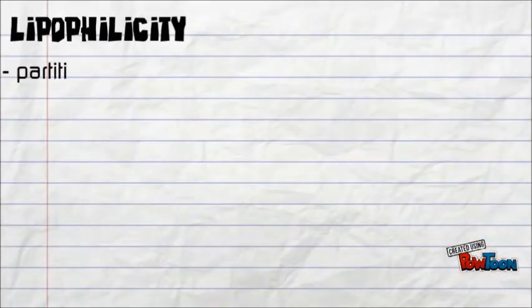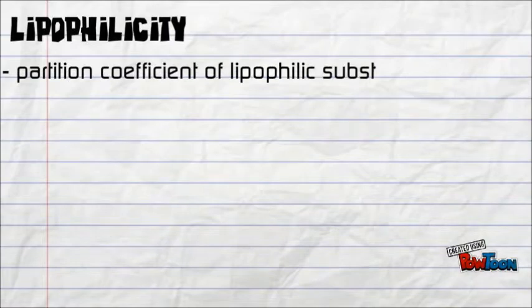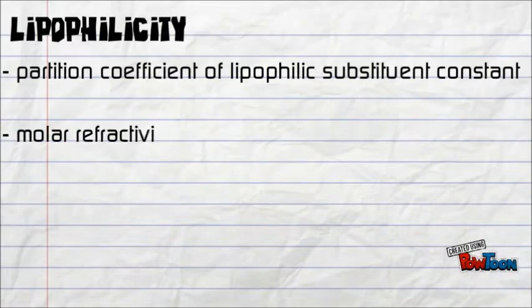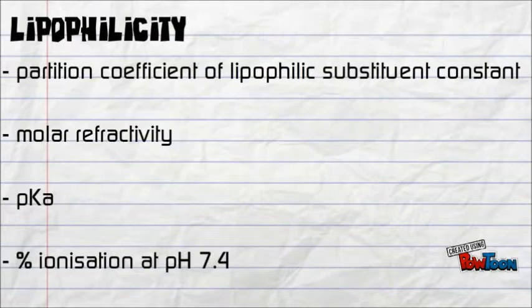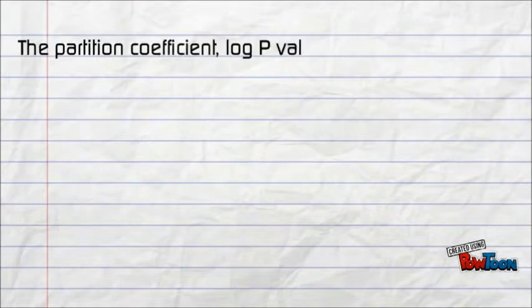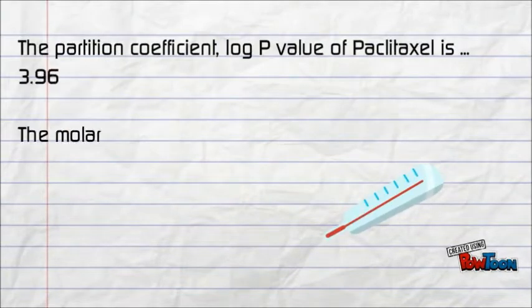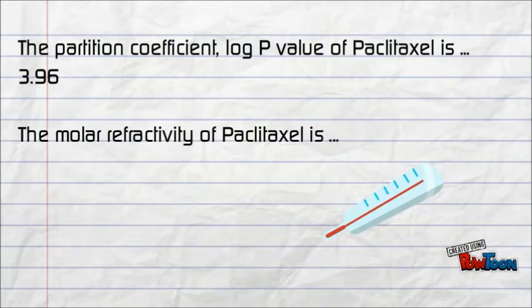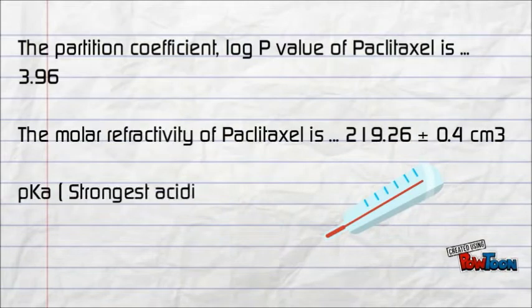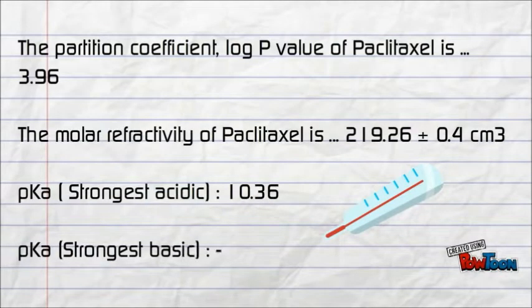Now it's for the lipophilicity part. Lipophilicity includes all 4 points: log P, molar refractivity, pKa, and percent ionization at pH 7.4. The log P is 3.96, molar refractivity is 219.26 plus minus 0.4 cm3, pKa at strongest acidic is 10.36, and pKa at strongest basic is -1.